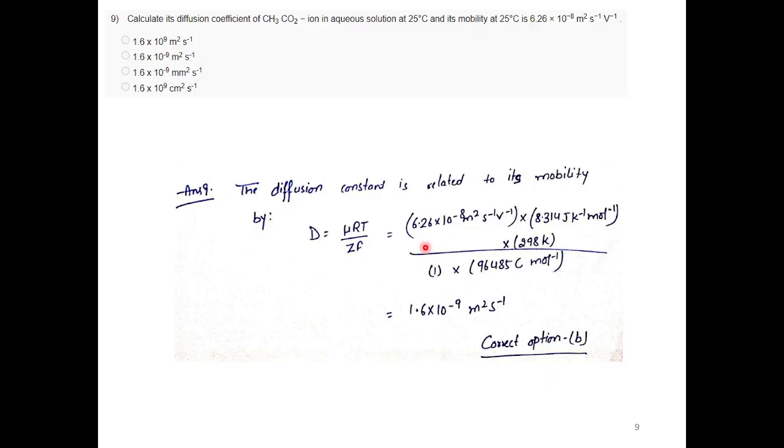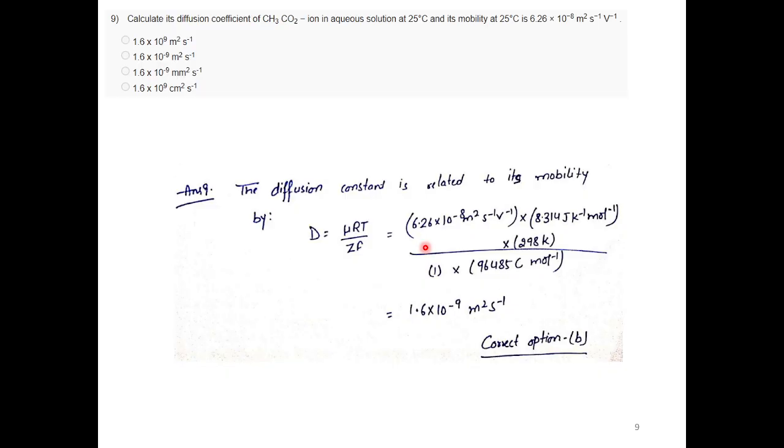Here in order to find out a diffusion coefficient, that is D, D equals mu RT by zF. Mu is the mobility, and in RT by zF, z is the charge and F is Faraday, so 96,500 coulomb.